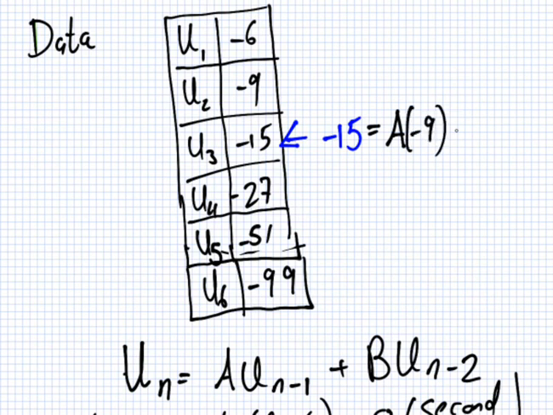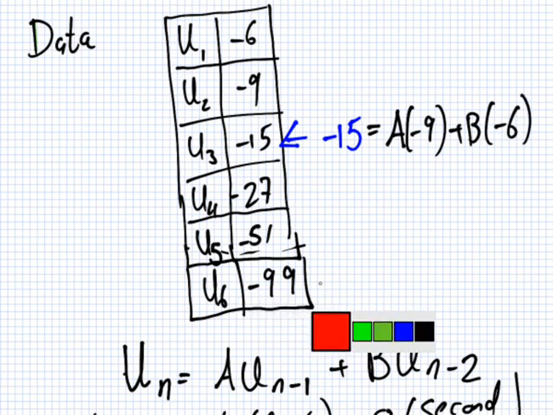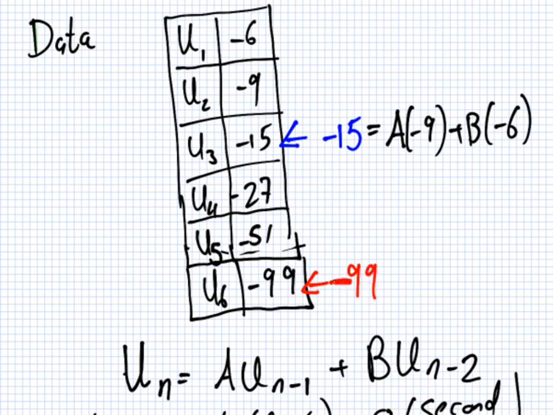Minus 9 plus B times minus 6. And likewise, we could say, for example, this minus 99 is equal to A times minus 51 plus B times what? Minus 27.